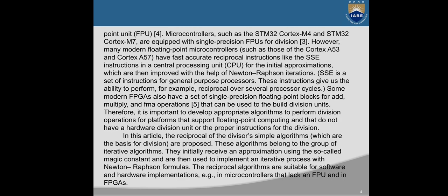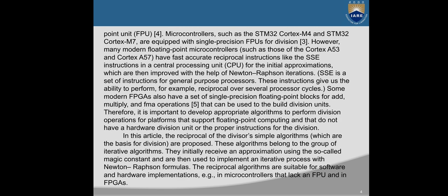However, many modern floating point processors such as the Cortex A53 and Cortex A57 have a fast, accurate reciprocal instruction like SSE instructions in a single processing unit for the initial approximation, which is then improved with the help of Newton-Raphson iteration. SSE is a set of instructions for general processors. This instruction gives us the ability to perform, for example, reciprocal over several process cycles.